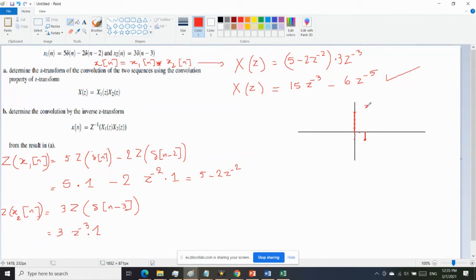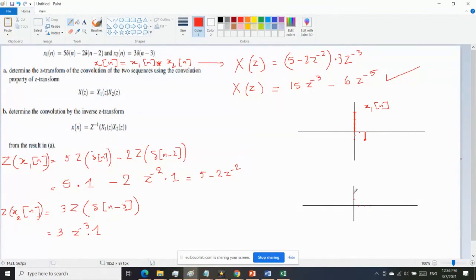That is x1. The second one has 3 at minus 3, so 1, 2, 3.